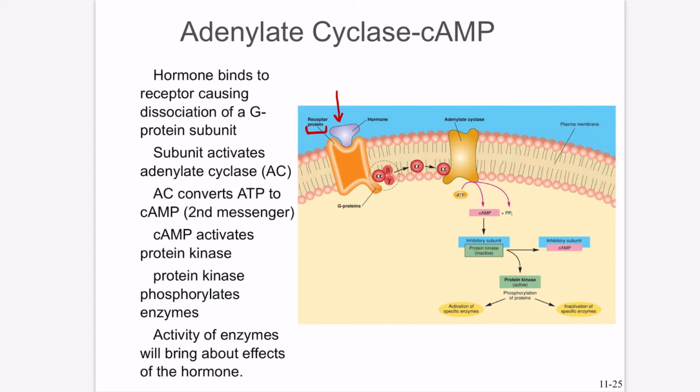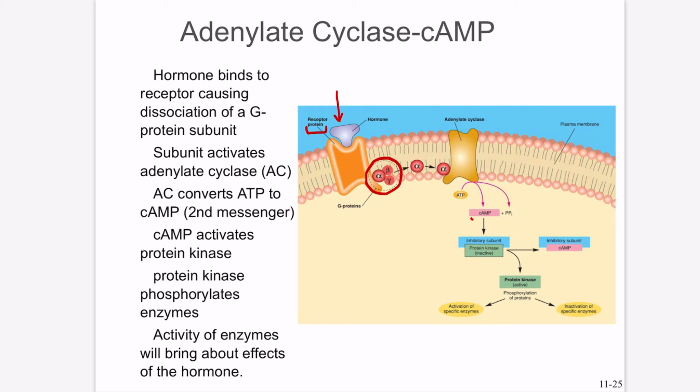And that cell surface receptor is also attached to a G protein subunit. So alpha, beta, gamma, G protein. And that's going to cause this subunit to dissociate, and that's going to activate an enzyme called adenylate cyclase. And this is going to convert ATP to cyclic AMP.